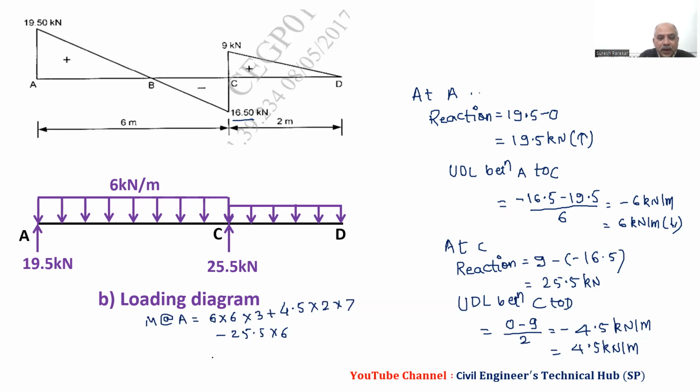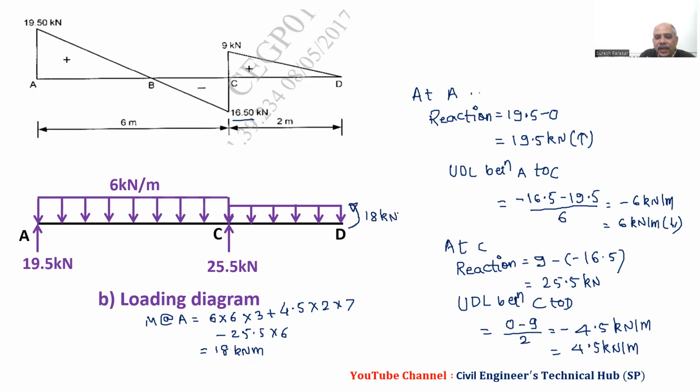So it comes plus 18, means we have to apply minus 18 to this, and then only it becomes 0 and in equilibrium. I will assume 18 kilonewton meter. That is your choice where you have to assume.